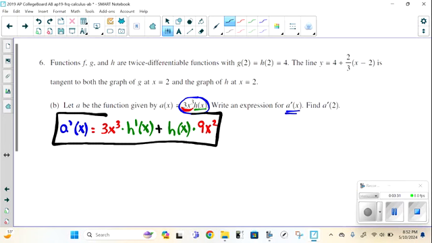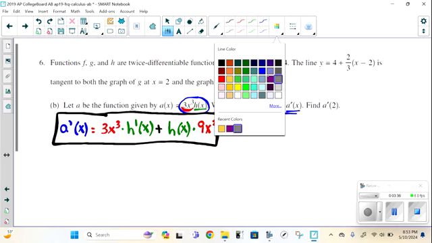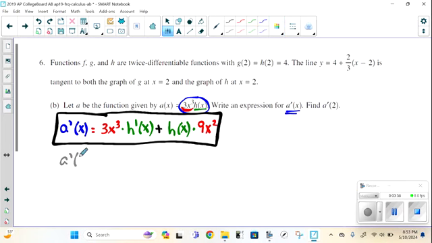We've already answered the first part. Now we need to find a prime of 2. I'm literally just going to throw a 2 in for all these x's. All right, let's go. 3 times 2 cubed times h prime of 2 plus h of 2 times 9 times 2 squared.